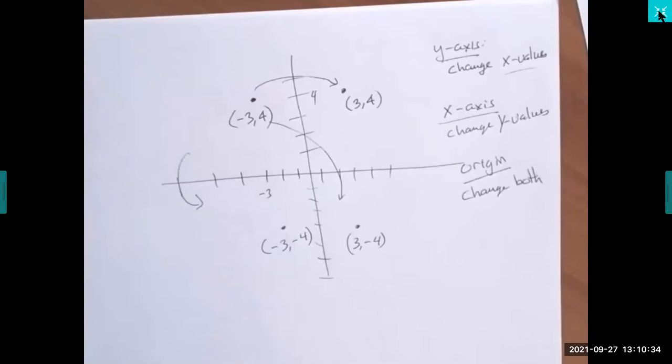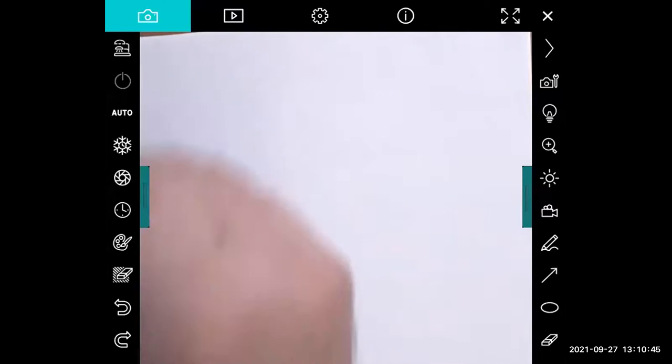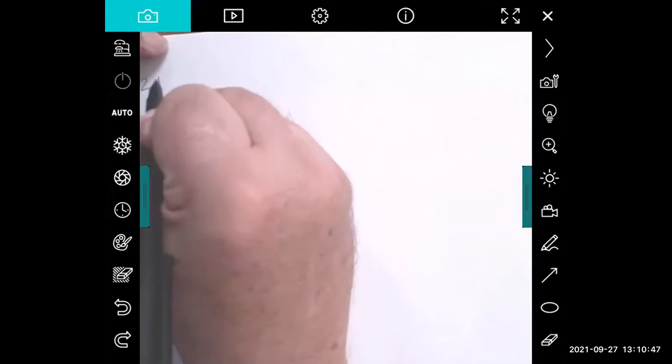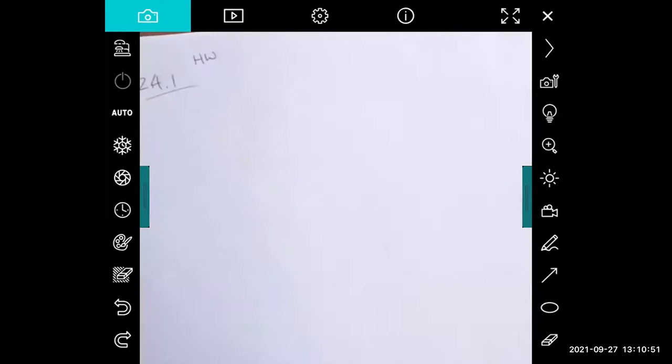Okay, let's look at the homework assignments. How about this one? This is 2.4, number 1, homework. Determine the symmetry of this graph. Is it symmetric about both of them, x and y?